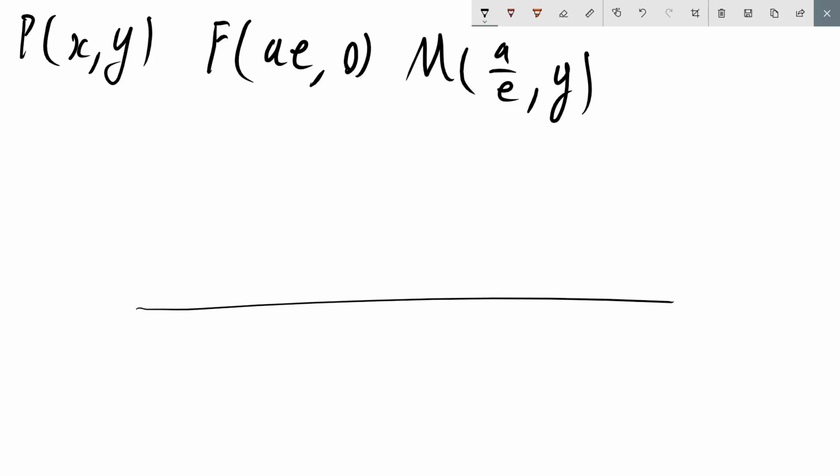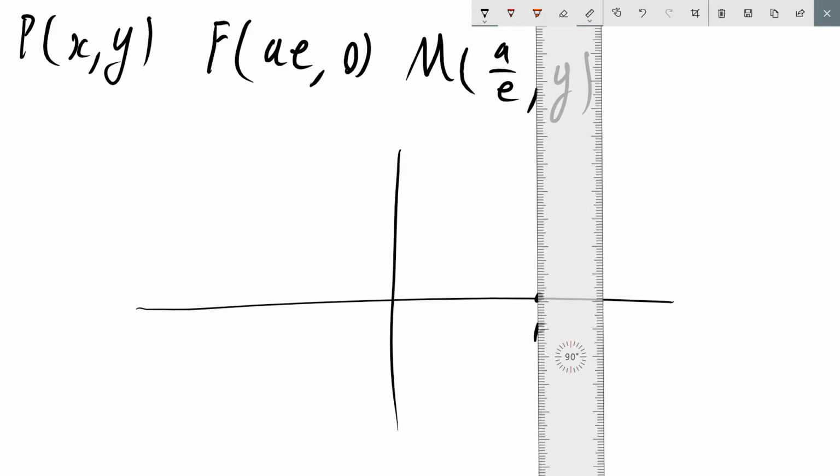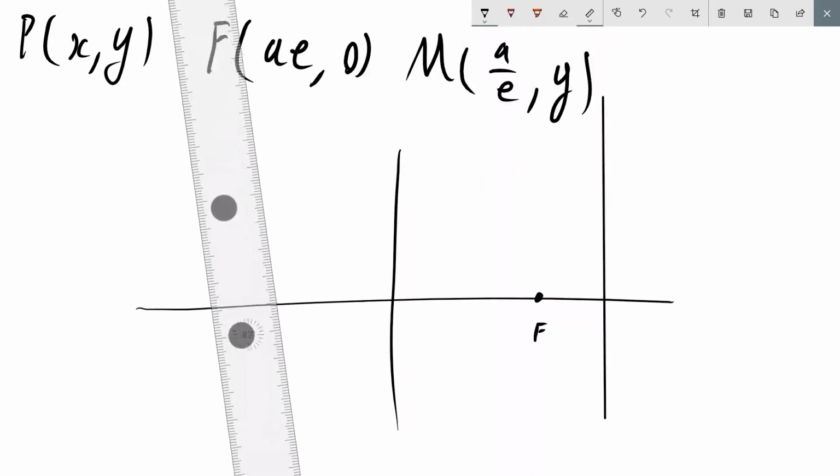Here's a rough sketch of our graph, and let's say this right here is our focus. And this m here is going to be what's called a directrix, a straight line in some direction.